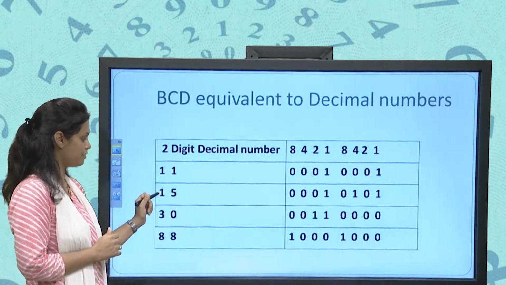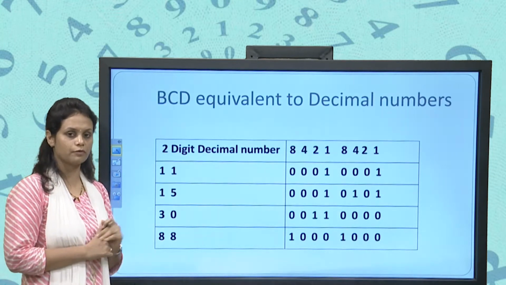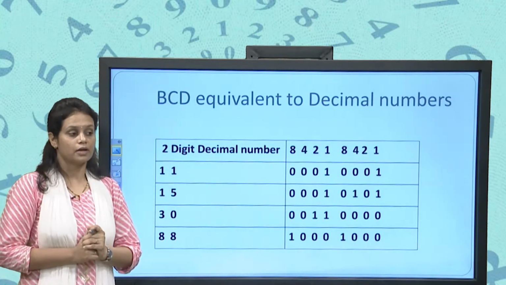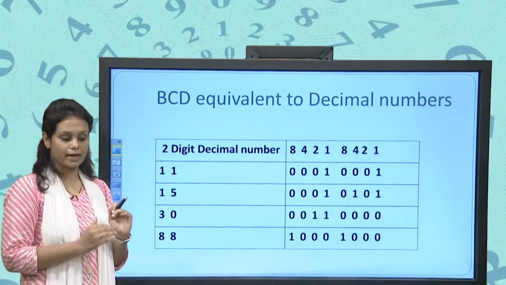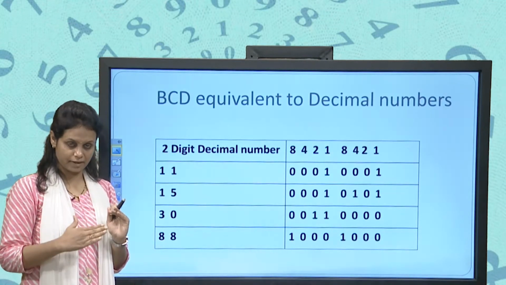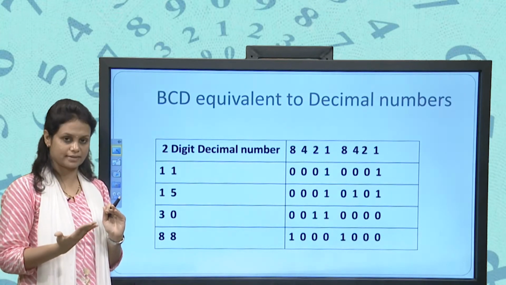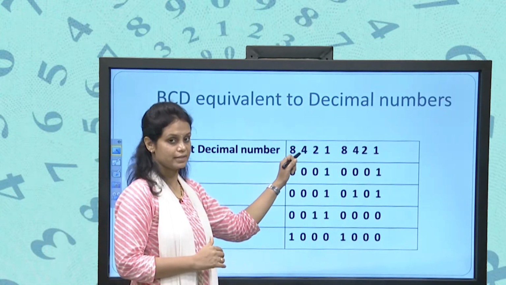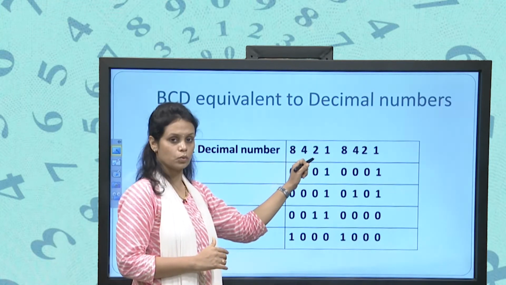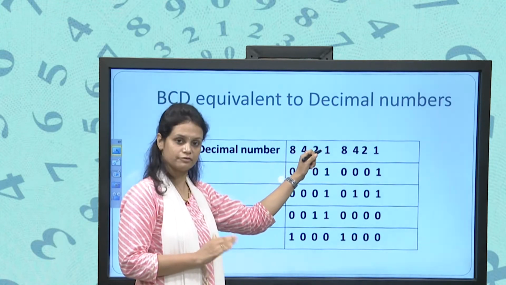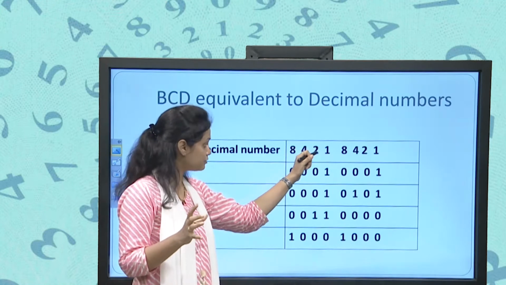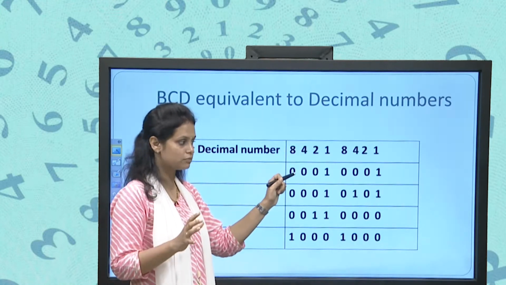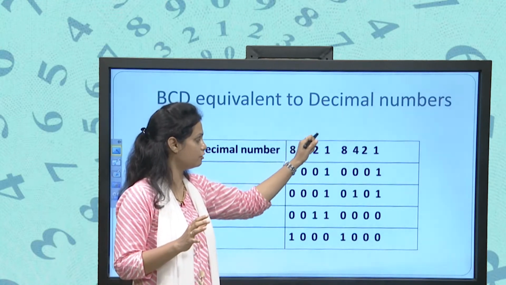Suppose we want to display 15. Now see, 15 is a decimal number and suppose we want to display 15 in the binary system, okay. What we will do? 8 plus 4 is 12, 12 plus 2 is 14, and 14 plus 1 is 15. So we will make these 4 bits on, that means we will write 1 1 1 1.